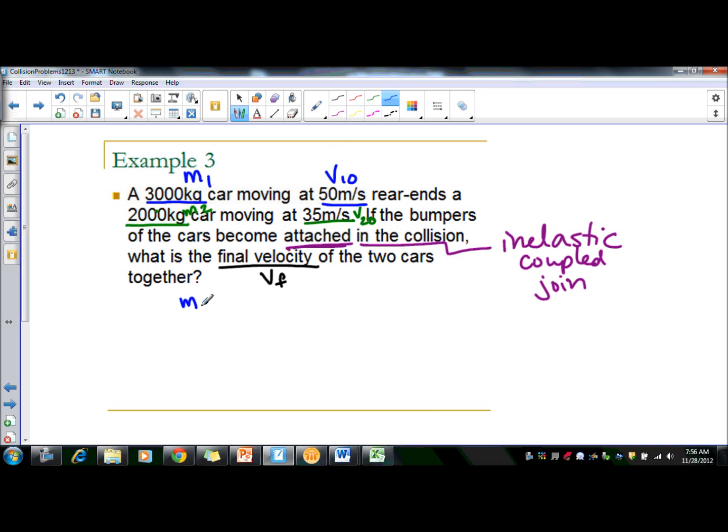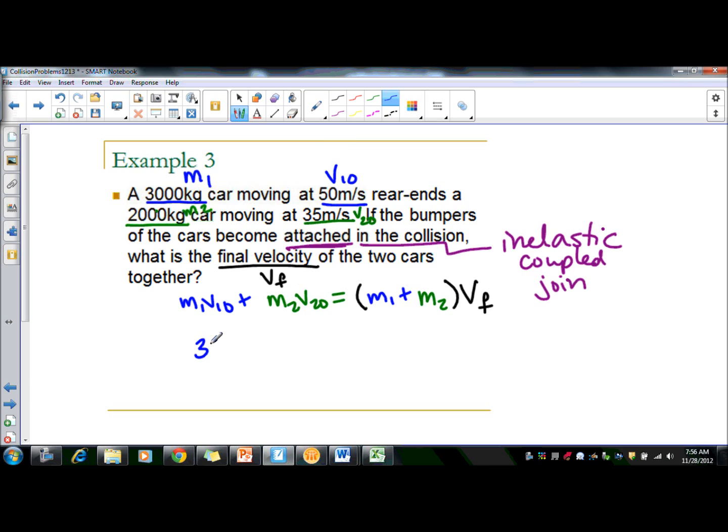So M1 V1 naught plus M2 V2 naught equals M1 plus M2, because the two masses are going together, times their final velocity together.